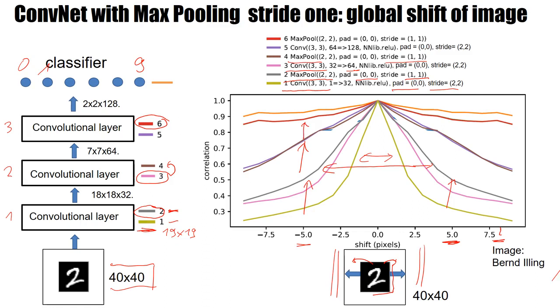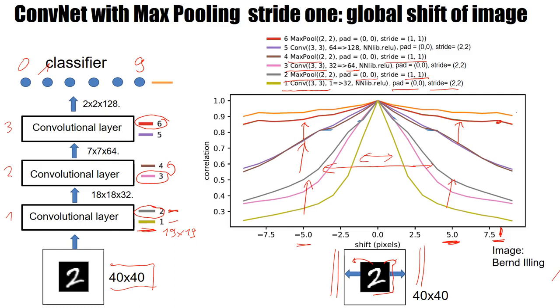This is the dark red line up here, and you see it's very, very stable even against large shifts like 8 pixels. The output activity changes very little. So we have achieved not just a local translation invariance, but a translation invariance over large shifts of the image.